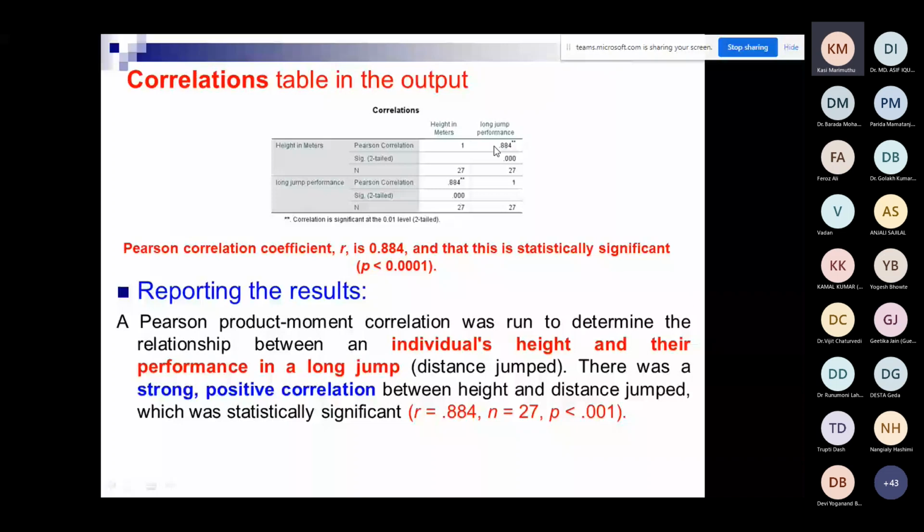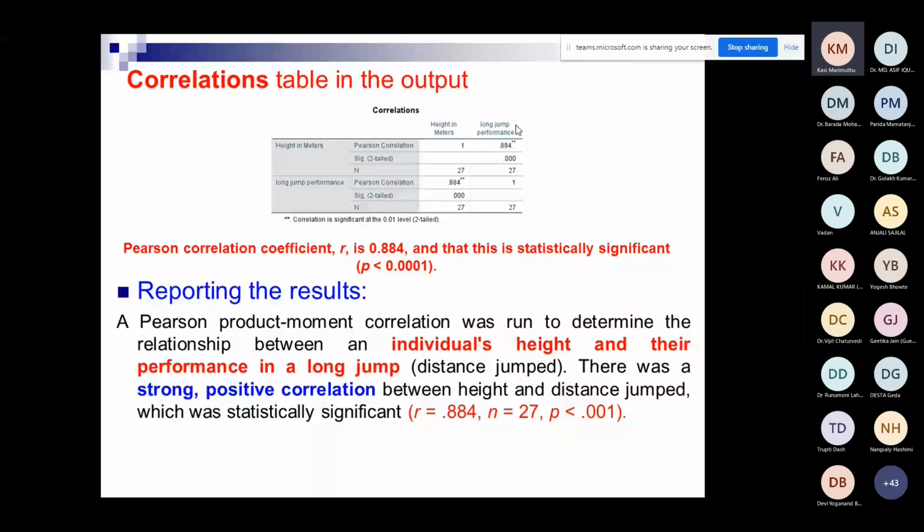So what do we infer? So, reporting the results: a Pearson product moment correlation was conducted to determine the relationship between individual height and their long jump performance, the distance they jumped.